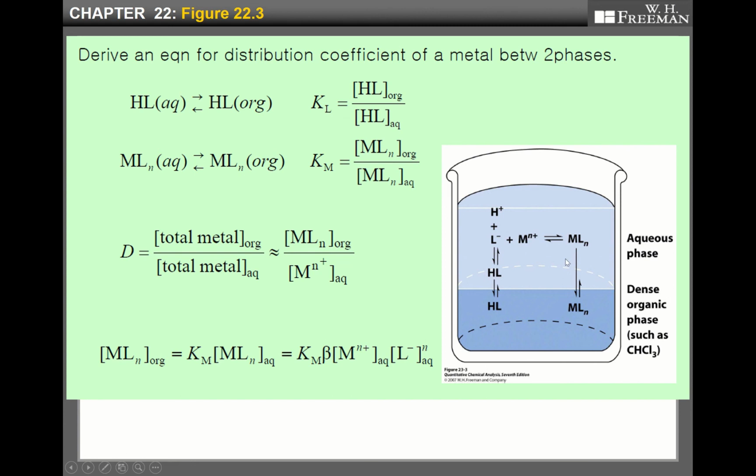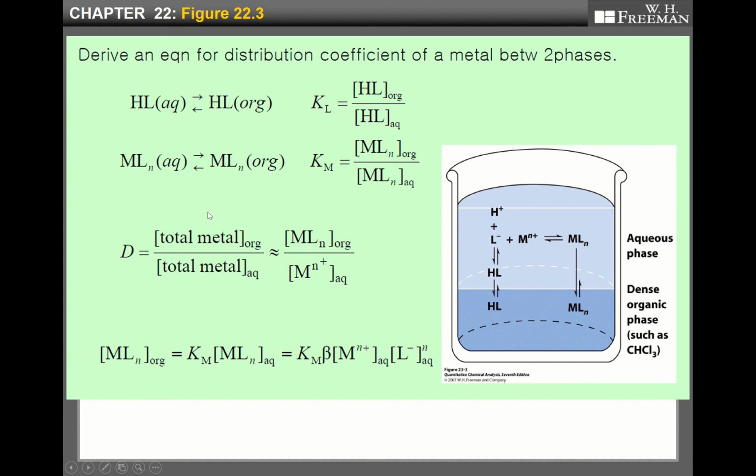The neutral species HL distributes between the aqueous and organic phases, and here we have the equilibrium constant, the partition coefficient. KL equals HL in the organic phase divided by the HL concentration in the aqueous phase.